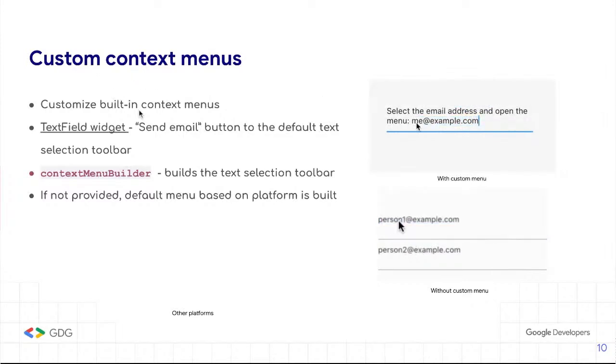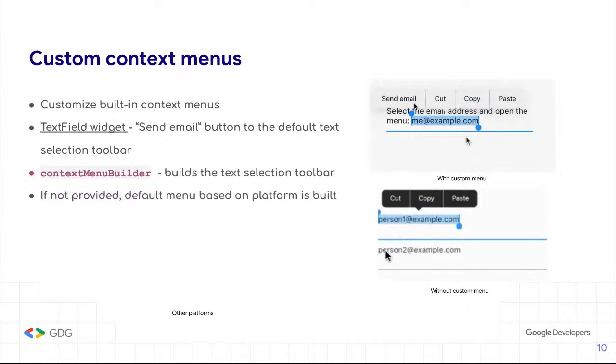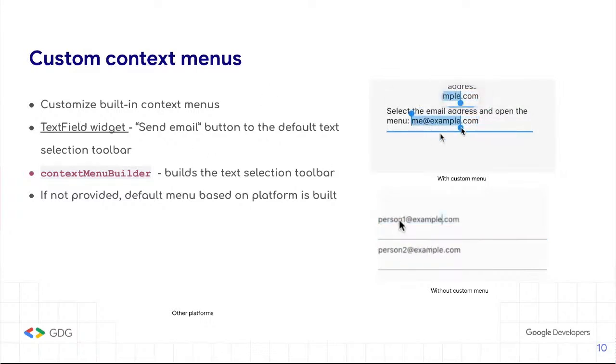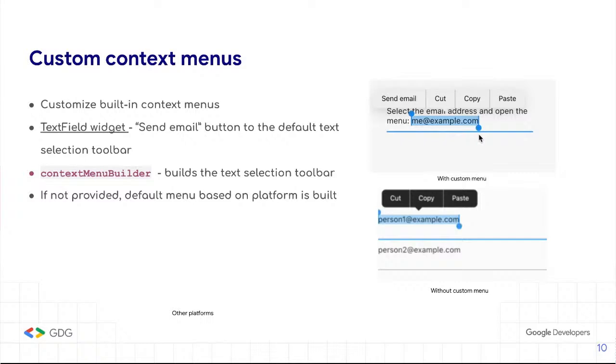So the next one that we have is custom context menus. This one is again most useful for desktop applications. Basically, whenever you're selecting a portion of the text, let's say in this case, I'm selecting the entire email.